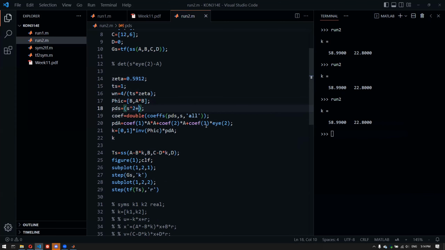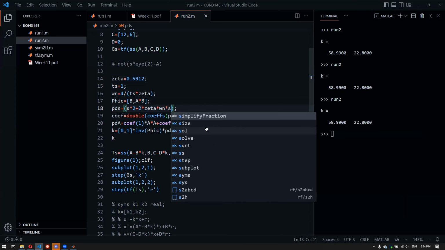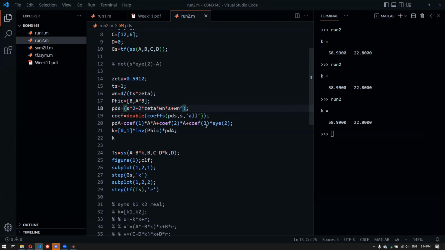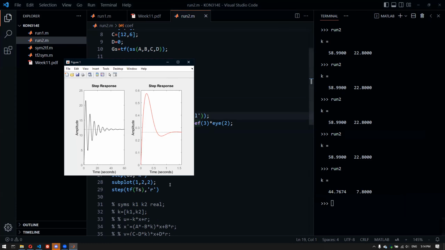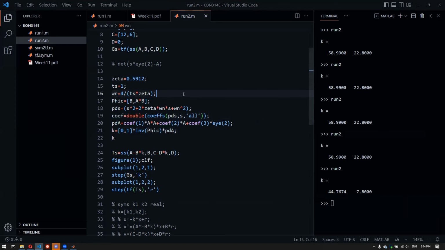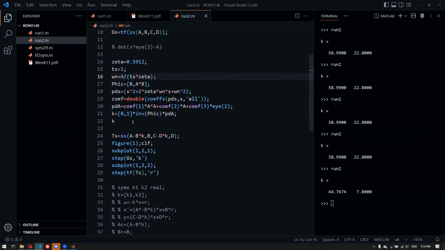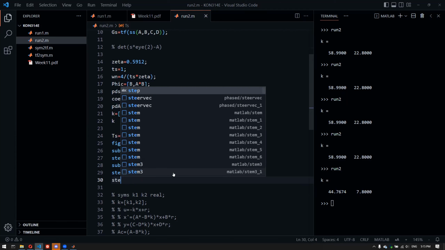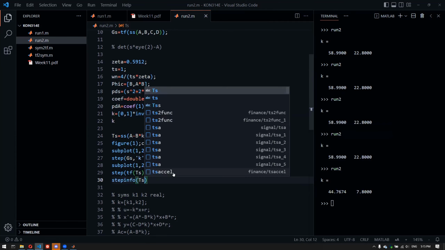Then let's define S squared plus 2 times zeta times omega n times S plus omega n squared. And let's run it again. So this is basically the result here, but I guess we should change the title, or we should at least look at the step info here to be sure.